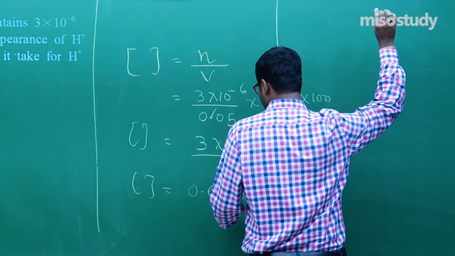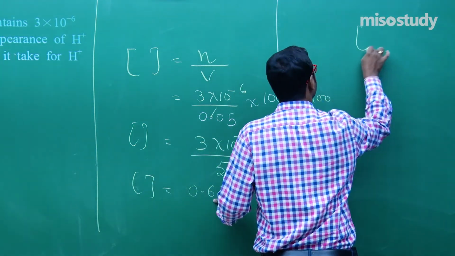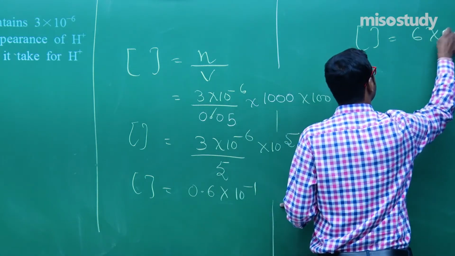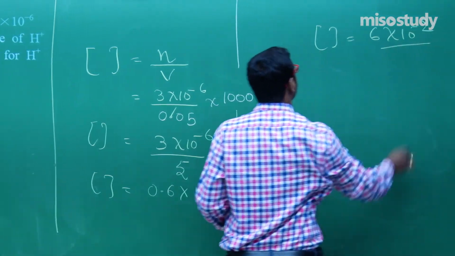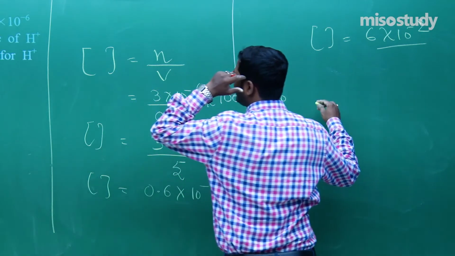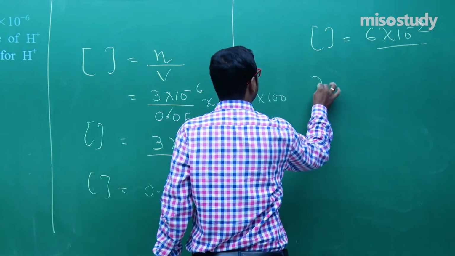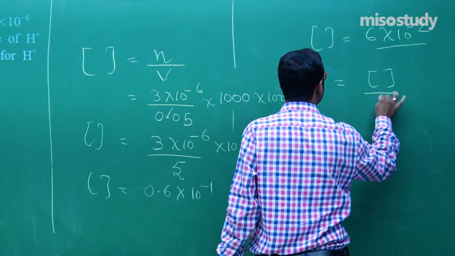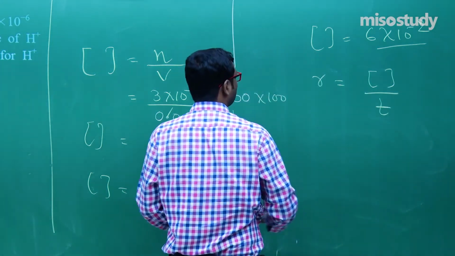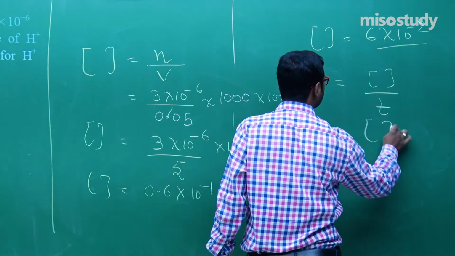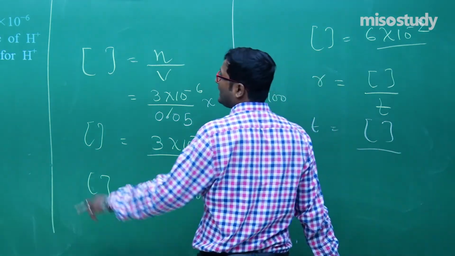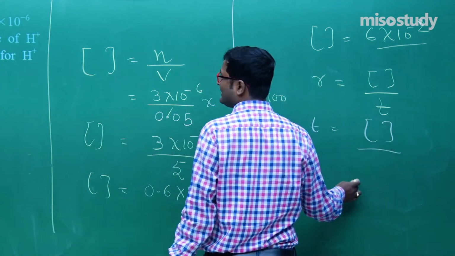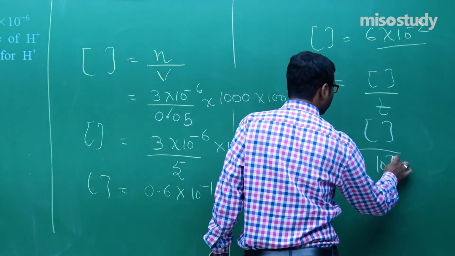So the concentration is equal to 6 into 10 to the power minus 2. Now what is given here? Rate of disappearance, that is concentration upon time. So time is equal to concentration upon rate of disappearance, that is 10 to the power 7.